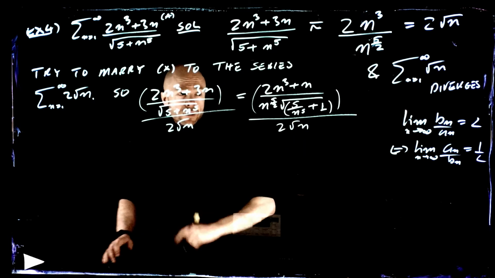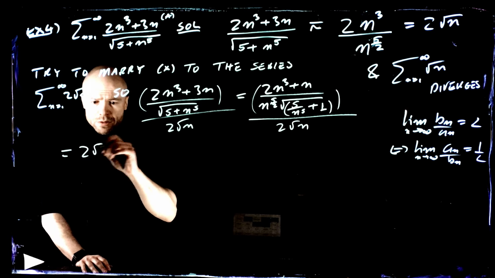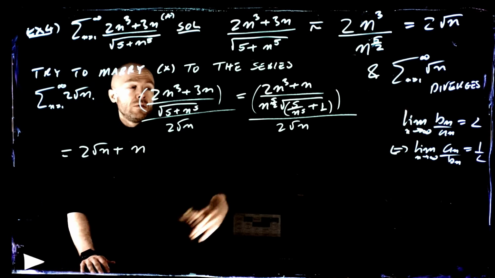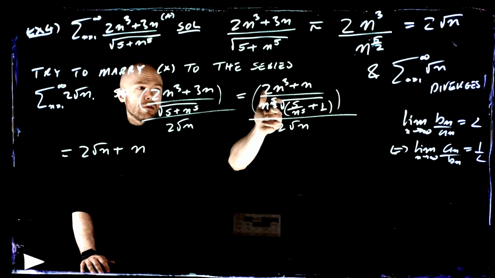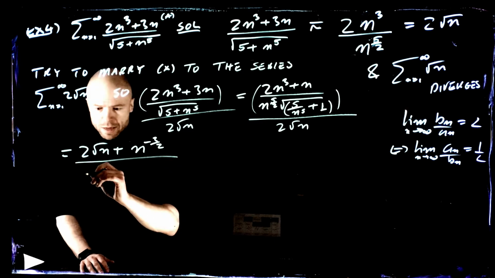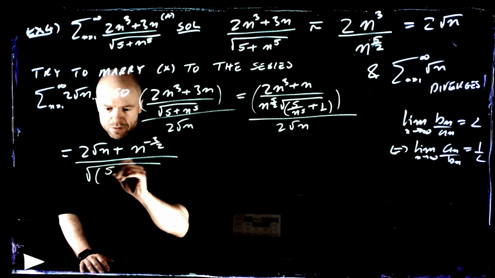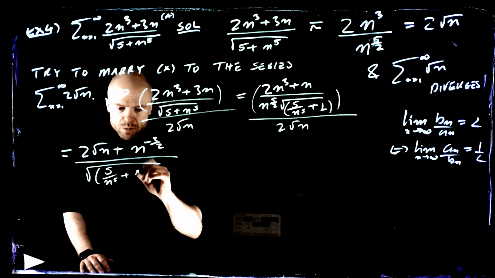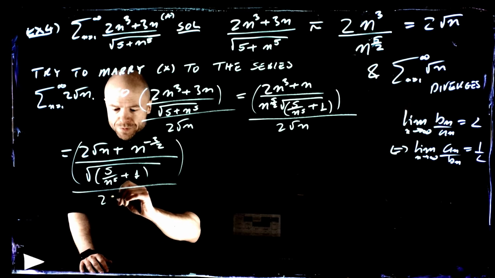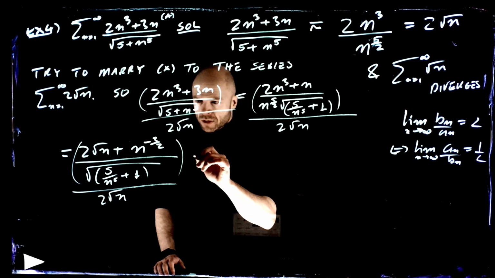Then we're going to have this cancellation of the top through this thing. So we're going to have 2 square root of n times n to the, I think it's minus 3 over 2, and then 5 over n to the 5 plus 1, and all of that stuff is divided by 2 square root of n. Good stuff is happening, because this stuff just cancels through.